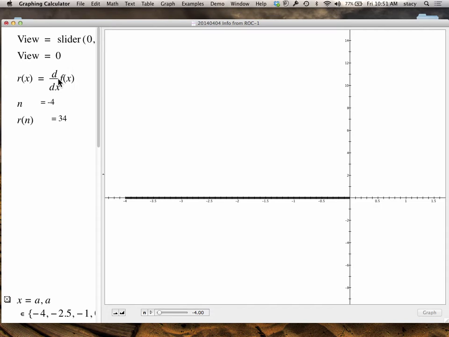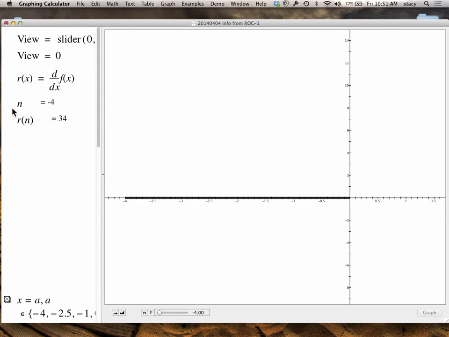Because I'm taking its rate of change. That's not to say that it couldn't be a rate of change function, though. And that's actually where we are going today. We're going to eventually talk about rate of change functions. But for now, let's imagine that it's an accumulation function. And so r of x is its rate of change function, okay?